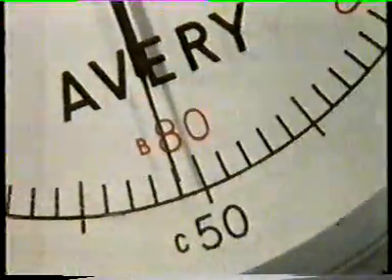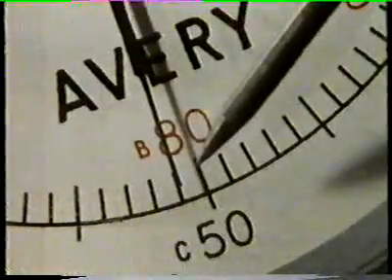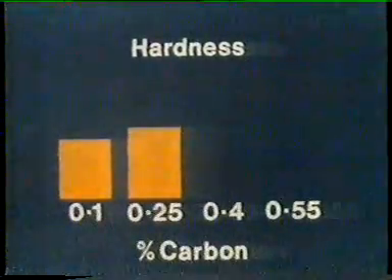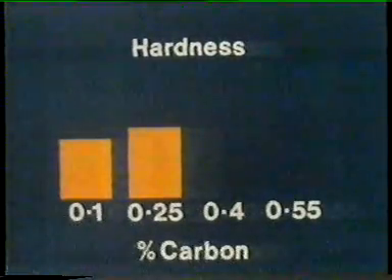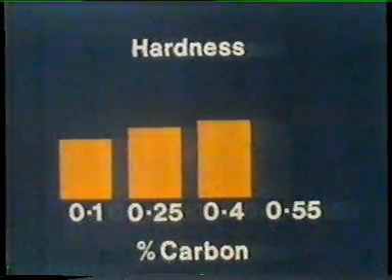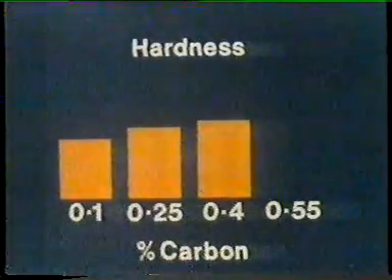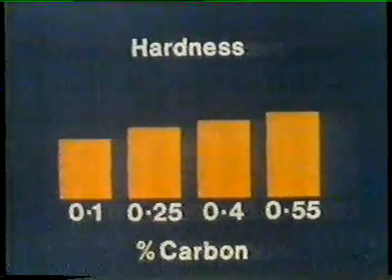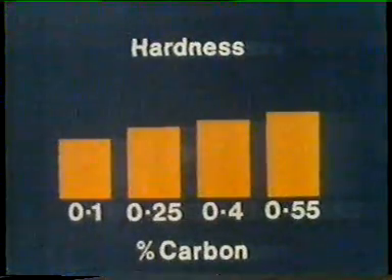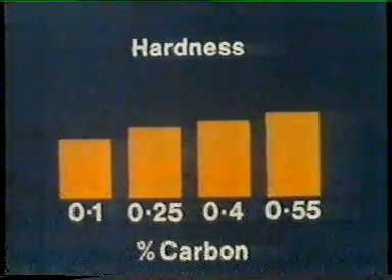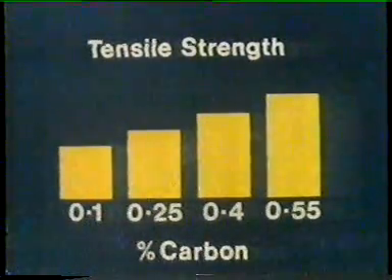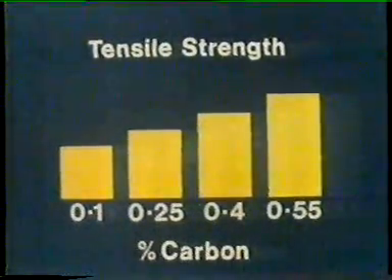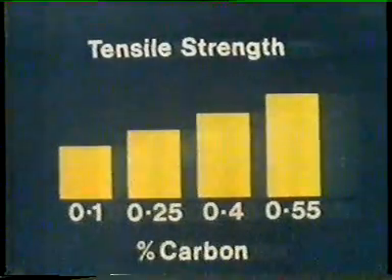The higher the reading, the harder the material, so the hardness has increased. Here are those results on a chart. The same test on the other two steels showed a further increase in hardness. The more carbon there is in the steel, the harder it seems to become. At the same time, there's an increase in tensile strength. But what do you think happens to the ductility? Well, we'll leave that for you to find out.